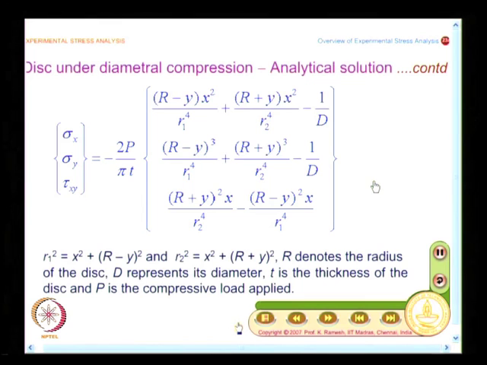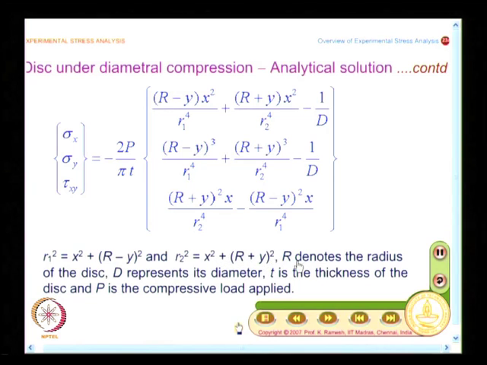When we develop photoelasticity, we could directly use these equations for our interpretation, and you have sigma x as r minus y x squared divided by r1 power 4, and r1 is defined as r1 squared equal to x squared plus r minus y whole squared, and you have the second term is r plus y x squared divided by r2 power 4, and r2 squared is defined as x squared plus r plus y squared.